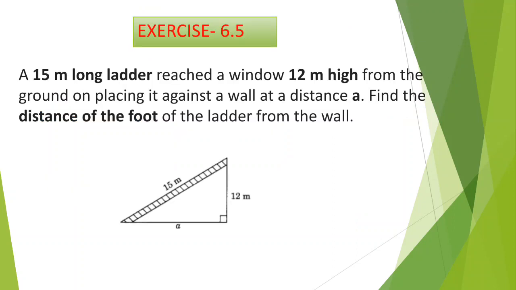Now we are moving to the problem. A 15-meter long ladder reached a window 12 meters high from the ground on placing it against a wall at a distance A. A ladder 15 meters long is placed against a wall in a slanting position.